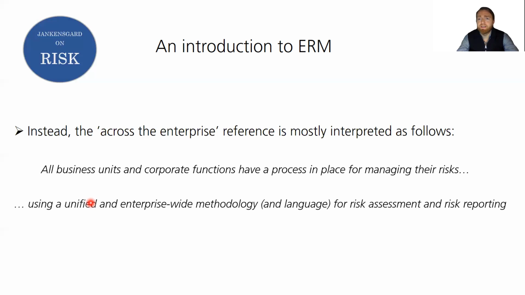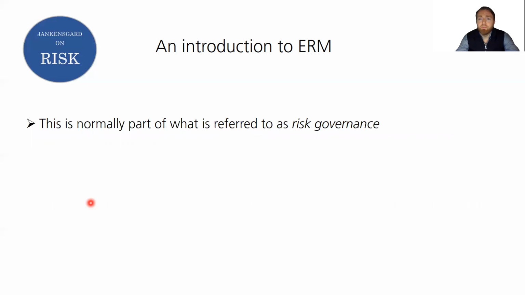And risk is assessed and reported in a consistent way. So everybody is doing risk management, and it's orchestrated in a way that makes it possible to compare risk across different parts of the organization and therefore make the right priorities. So that is a better way to think about it, essentially.